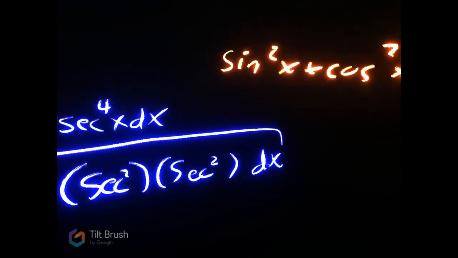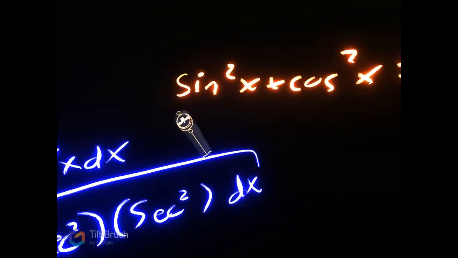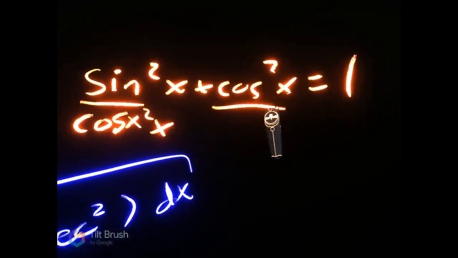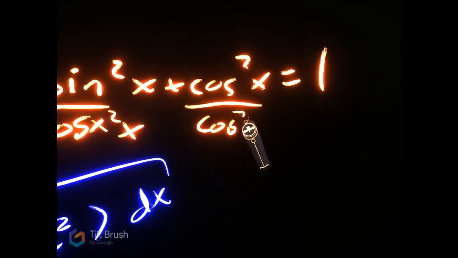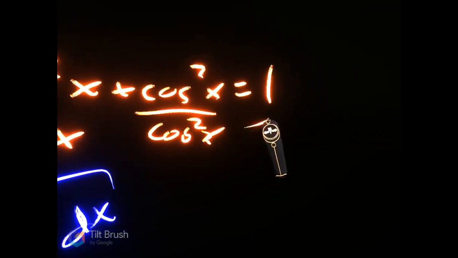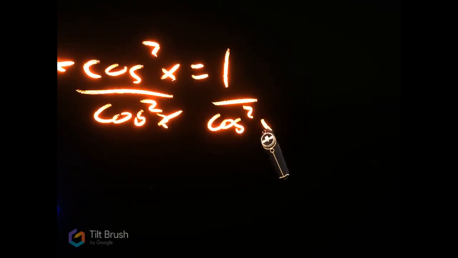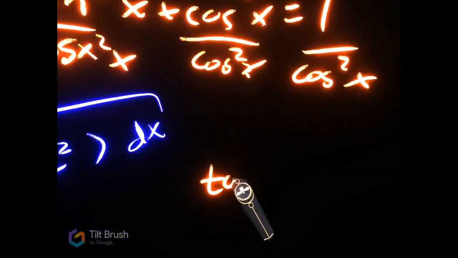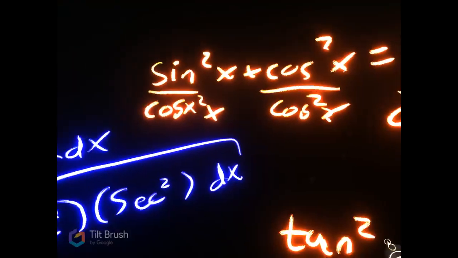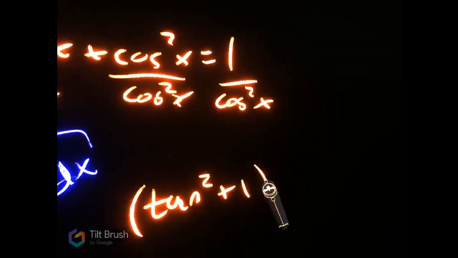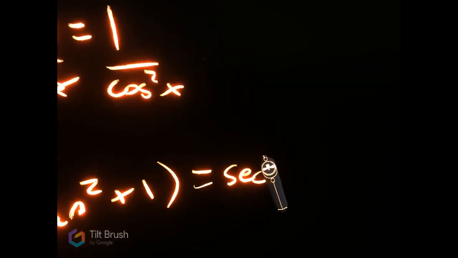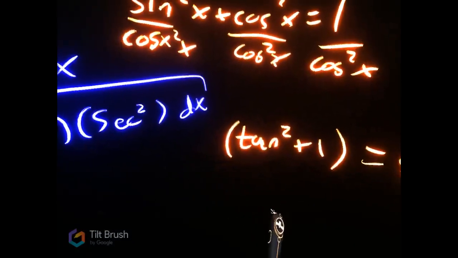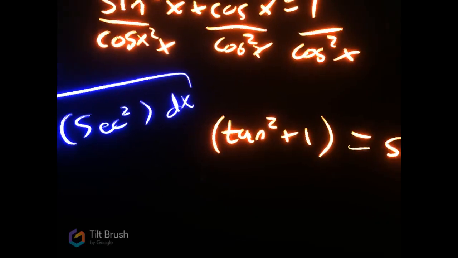To get secant, that's 1 over cos, so I divide everything by cos. So this is tangent squared plus 1 equals secant squared x.